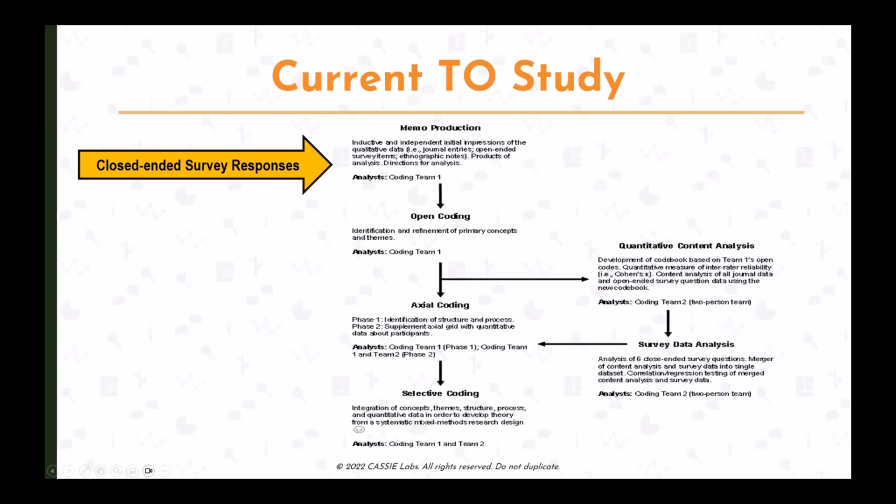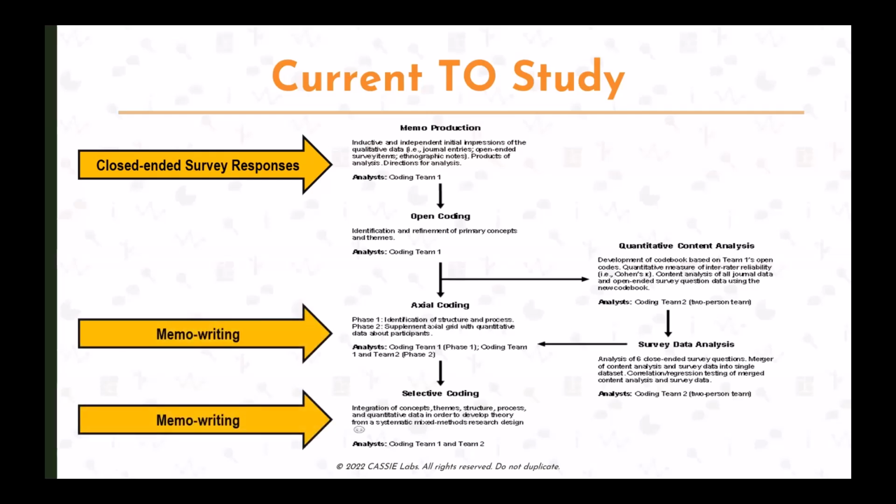And just to be even more explicit, the memo phase clearly influences open coding. And again, it's the first stepping stone. But after reading Lee, I'm like, no, we need to be explicit about memo writing in the axial as well as selective coding.